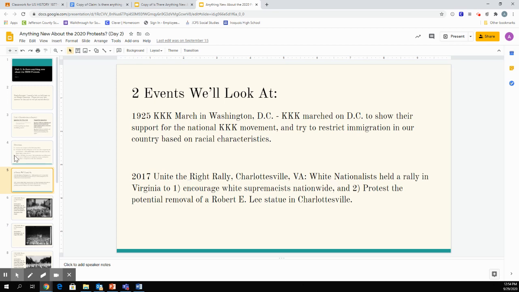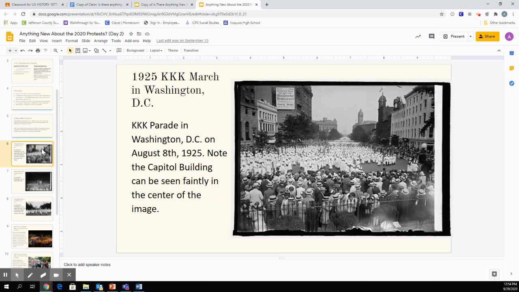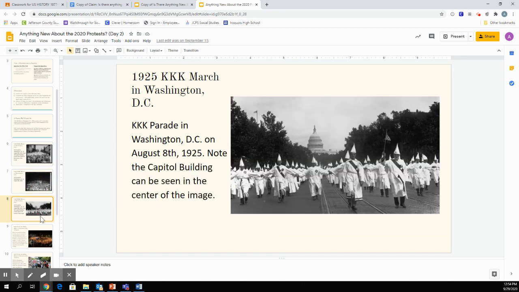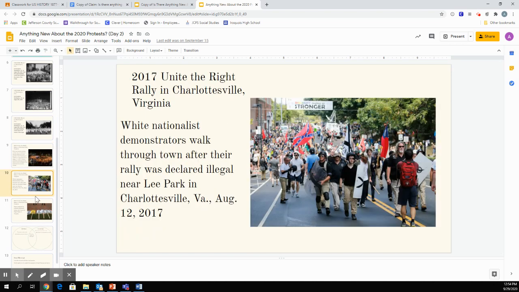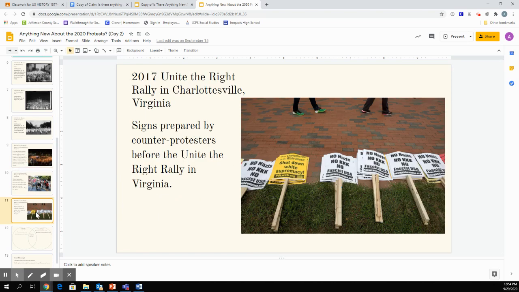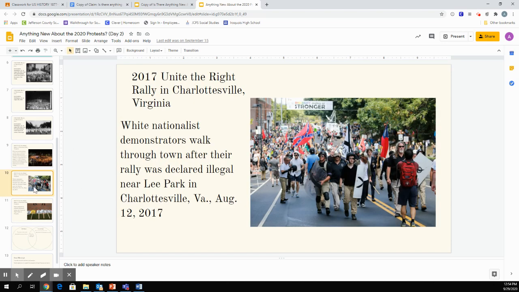And so the first event was the KKK march in 1925. And all I'm asking you to do is look at these three pictures, 1, 2, and 3. That's going to be on slides 6, 7, and 8. And then compare to the images on slides 9, 10, and 11. And so, honestly, if you want to even simplify this further, I would say take slide 8, that's people marching, and compare that to slide 10 of people marching.